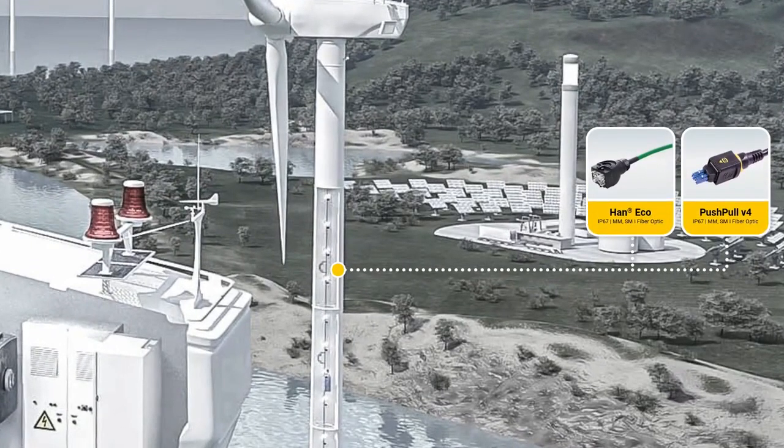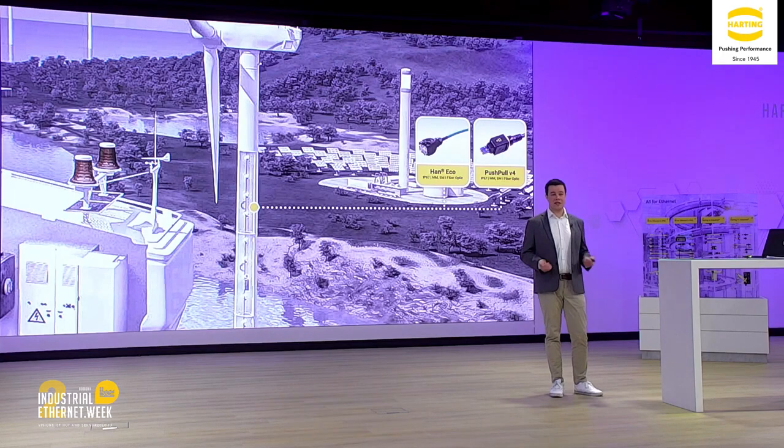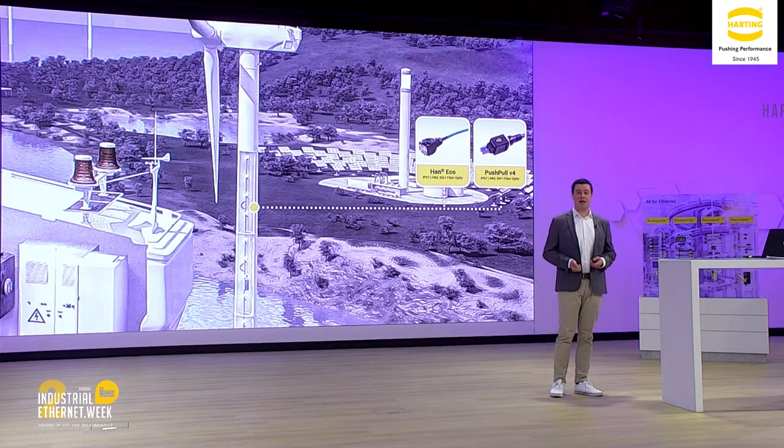Here also, it's a harsher environment if we need an IP65, 67 protected fiber optic Ethernet transmission. For example, we can use specially created cable assemblies with our HARTING Echo, or also with the well-known push-pull variant 4 with fiber elements.